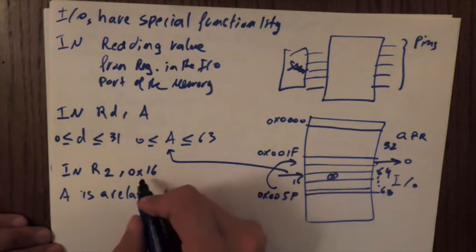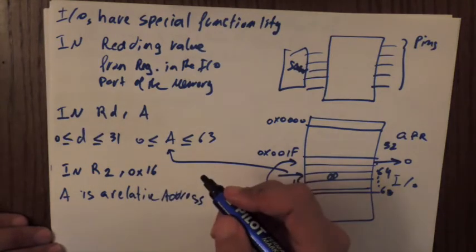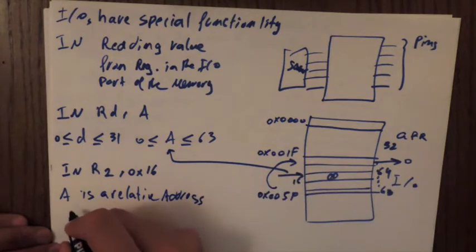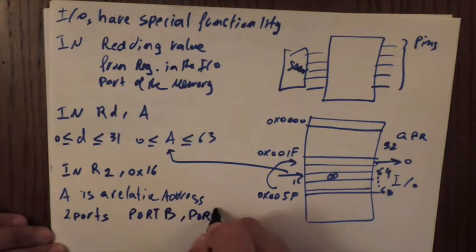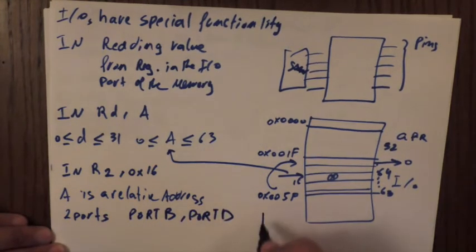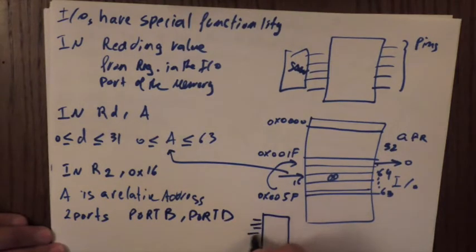So, also instead of using addresses, I can use acronyms. So let's say I have ports on my microcontroller, which is port A, port B, and port D. These are the pins here.